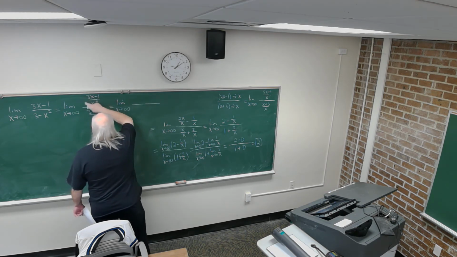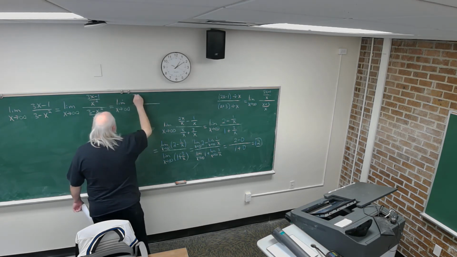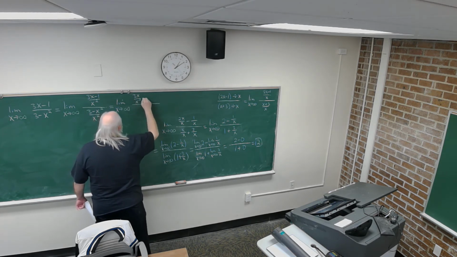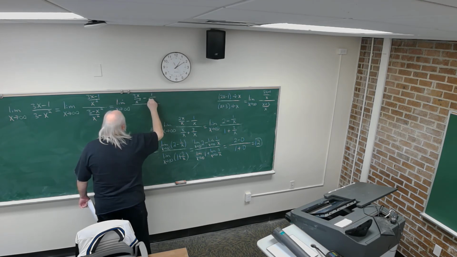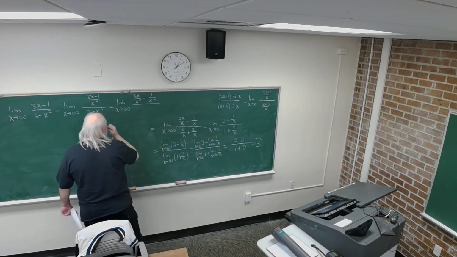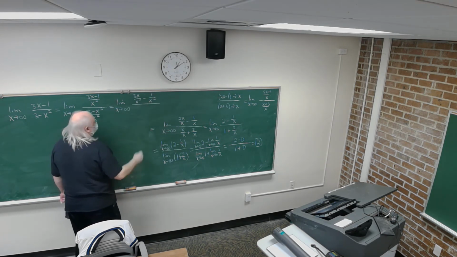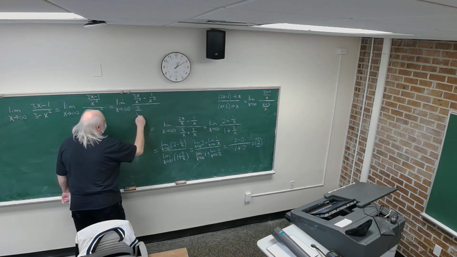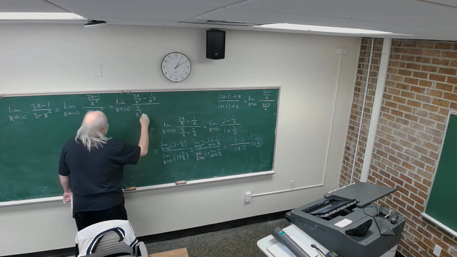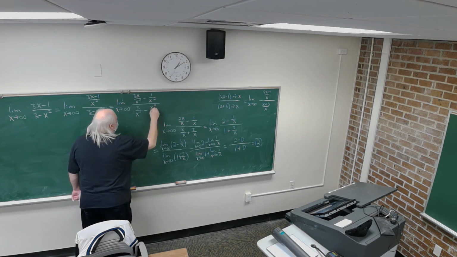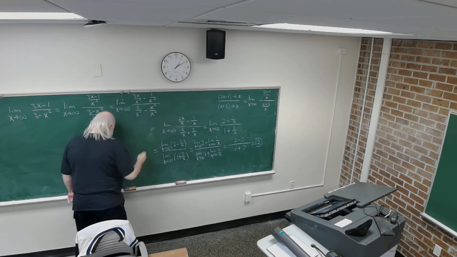And so in the numerator, we have 3x over x squared minus 1 over x squared. In the denominator, we have 3 over x squared minus x squared over x squared.